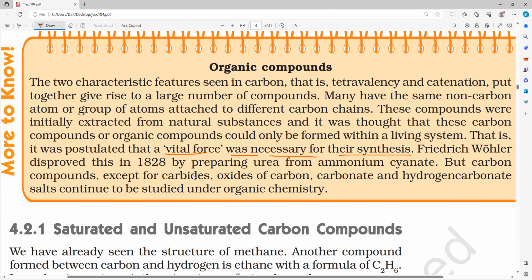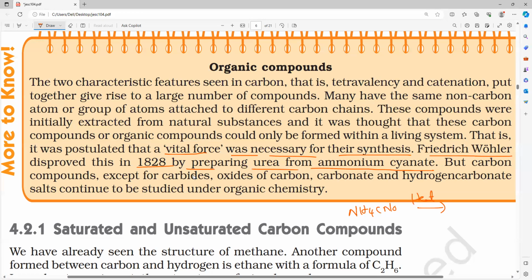Later, Mr. Friedrich Wöhler, you might see his name here, disproved that in 1828 by preparing urea from ammonium cyanate, not from plants and so on. He directly converted ammonium cyanate, NH4CNO. I have given you those equations also.